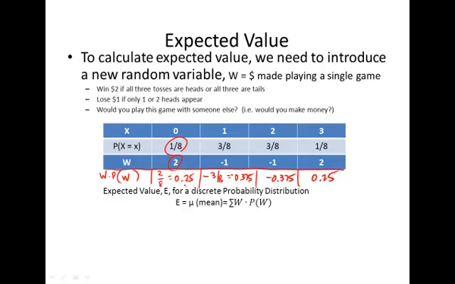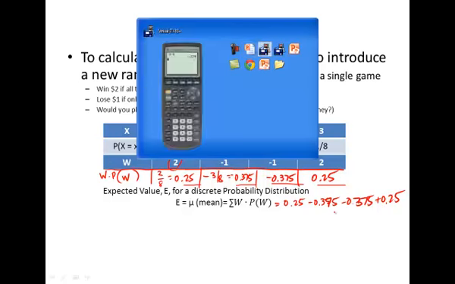So we basically add up all 4 of these numbers, right? So the sum is going to be 0.25 minus 0.375 minus 0.375 plus 0.25. Now, of course, I don't have to turn them into decimals and then add them. I can do it all in the calculator in one fell swoop.